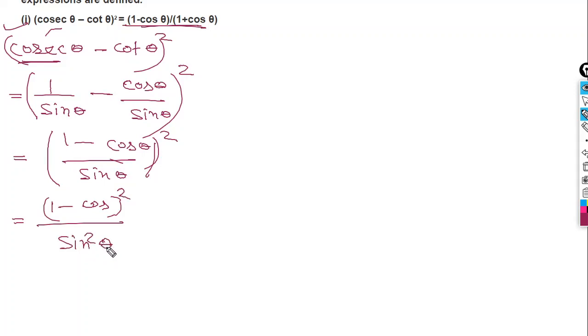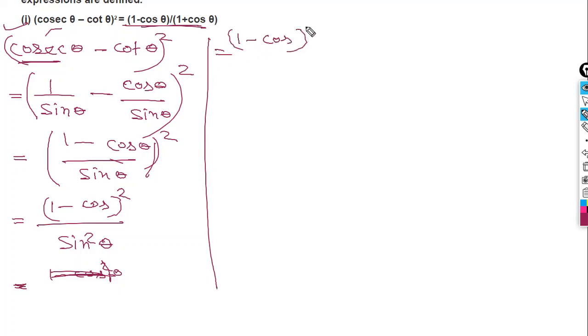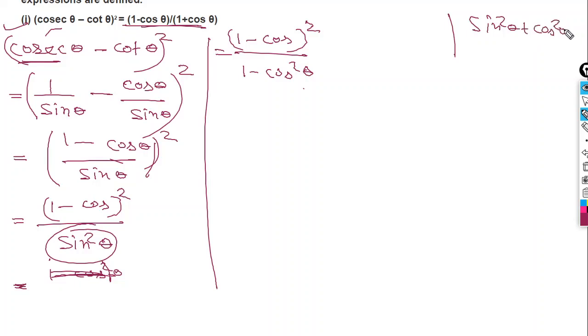Now sin square theta can be written as 1 minus cos square theta, because you know that sin square theta plus cos square theta equals 1.